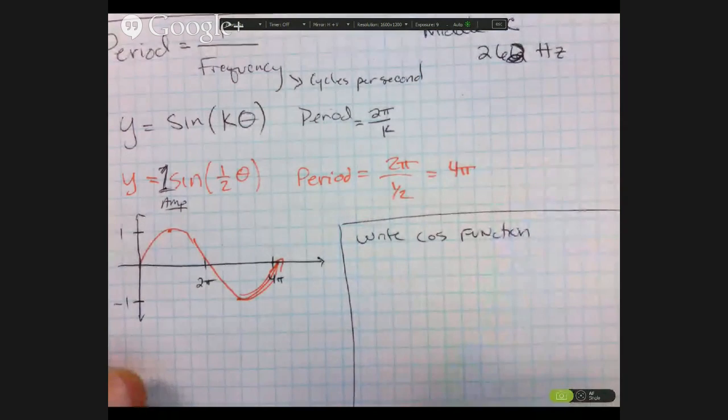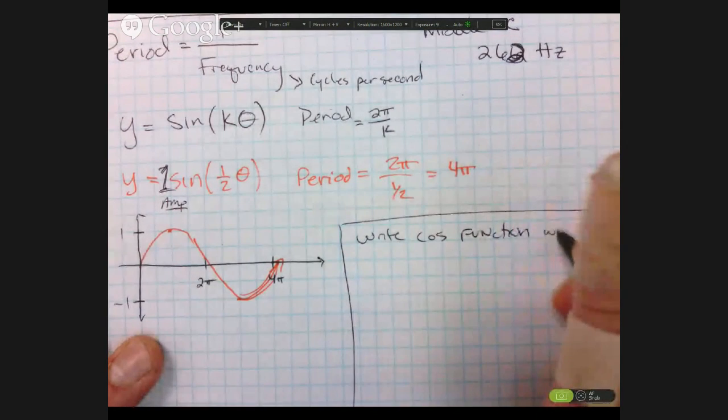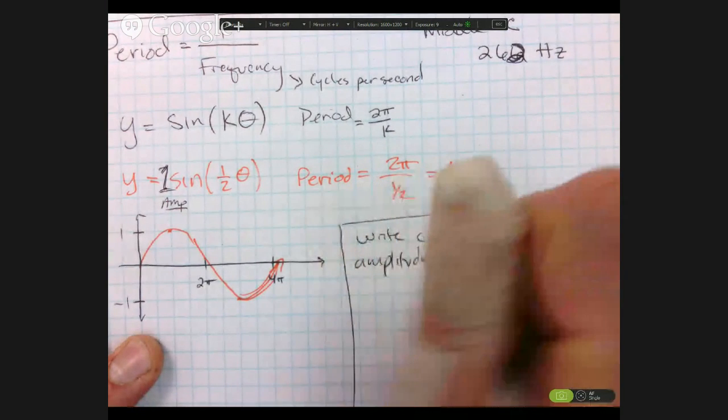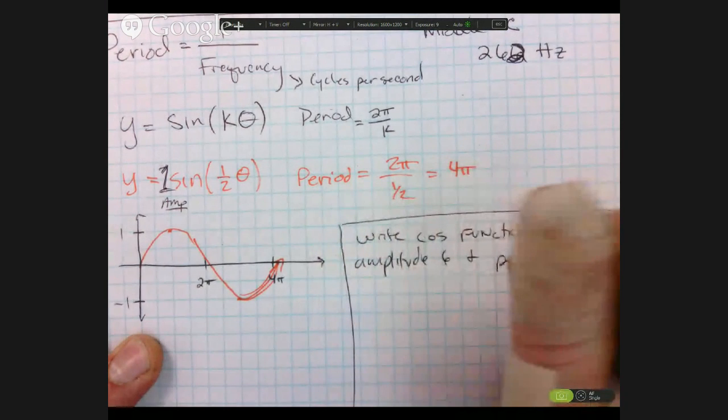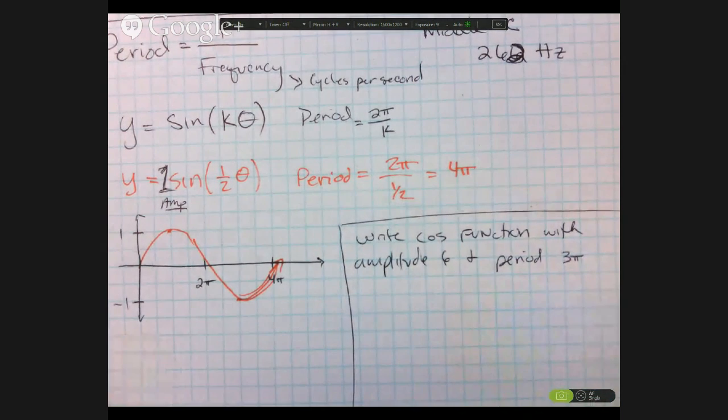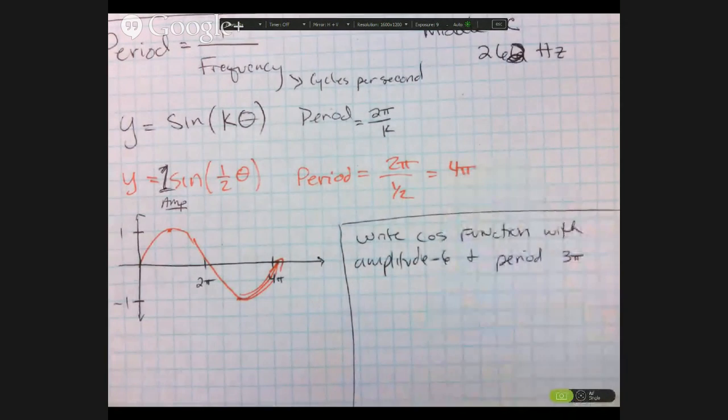Okay. You have to write a function for your project. So let's write a cosine function with amplitude -6 and period 3 pi.